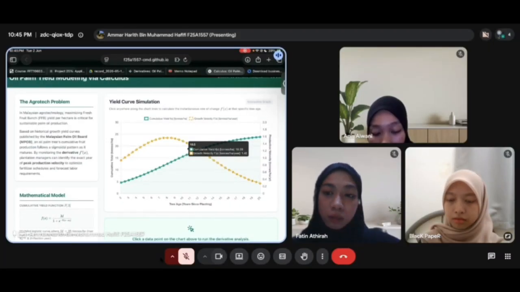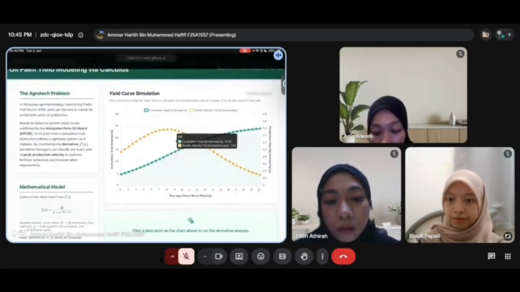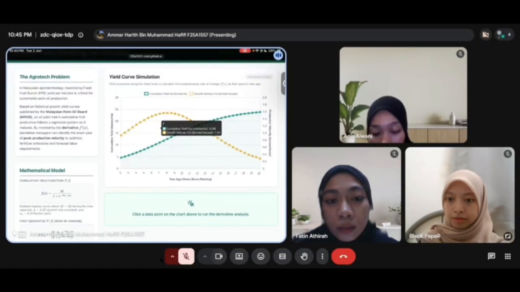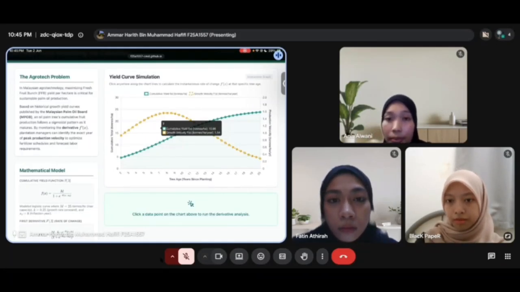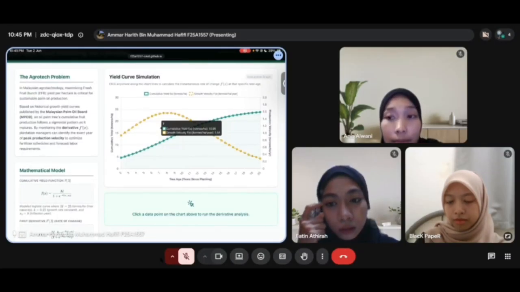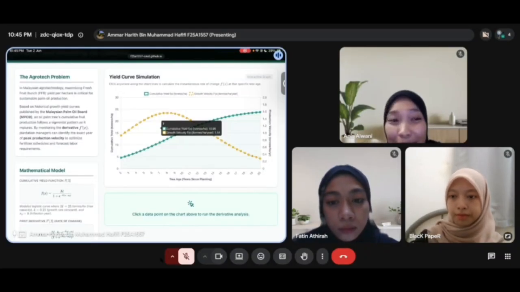At year 11, as shown in the graph, the cumulative yield is approximately 16.98 tons per hectare, while the growth velocity is 1.36 tons per hectare per year. This indicates the yield is still increasing, although its growth rate began to slow down after reaching its peak.